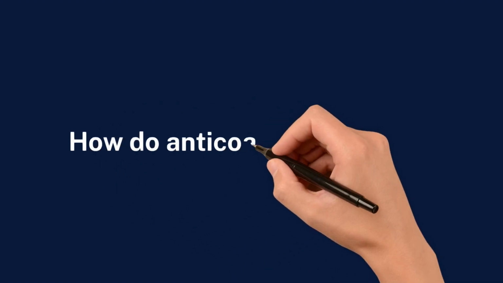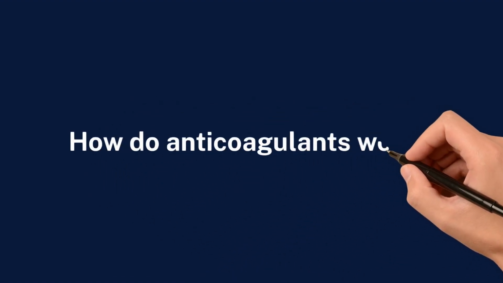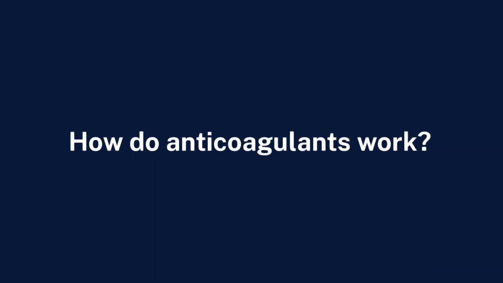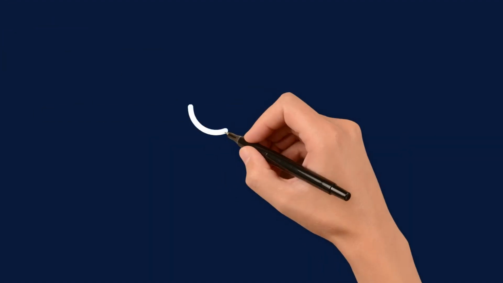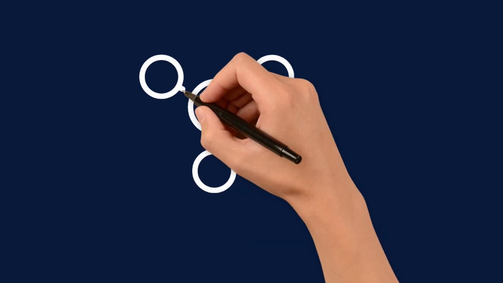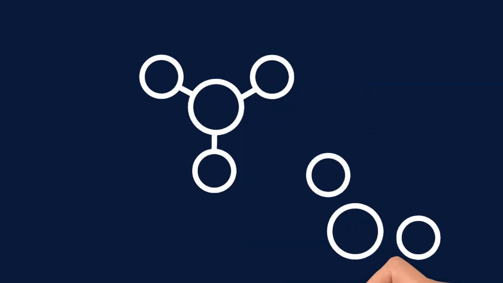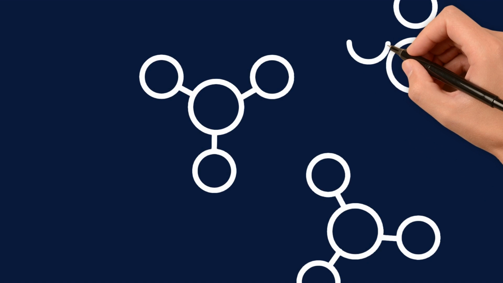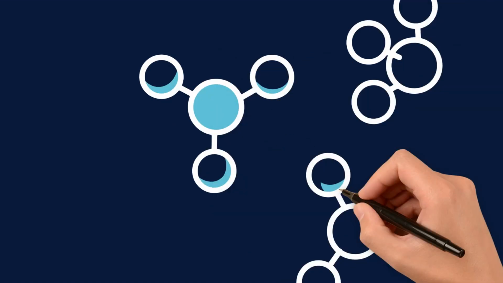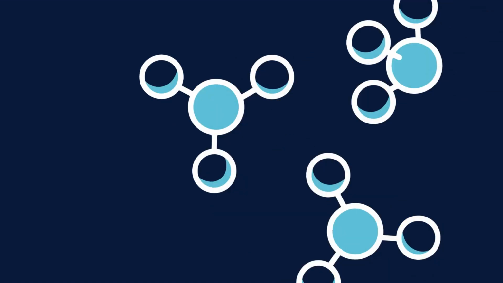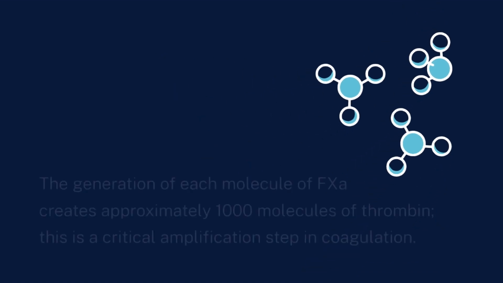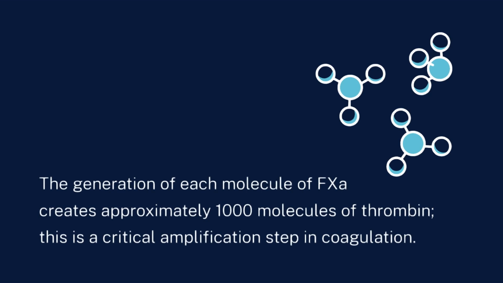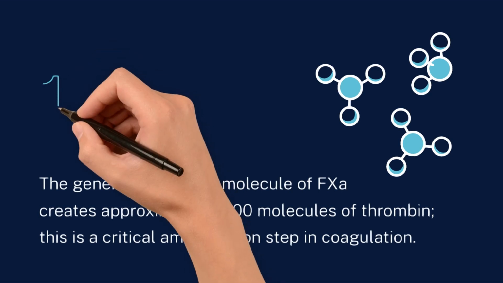So how do anticoagulants work? Well, to understand this in detail, we need to just briefly review the coagulation cascade. Now, I find it helpful to start in the middle, where the different arms all come together. That's what we call factor 10. Factor 10 gets converted to an activated form, or factor 10A, and that's really the center of anticoagulant activity, because every molecule of factor 10A that's generated creates about 1,000 molecules of thrombin.